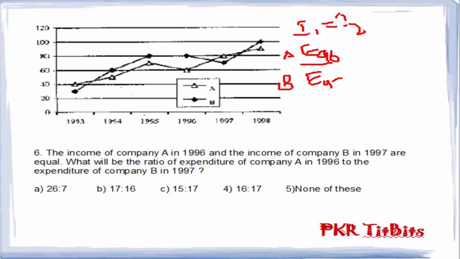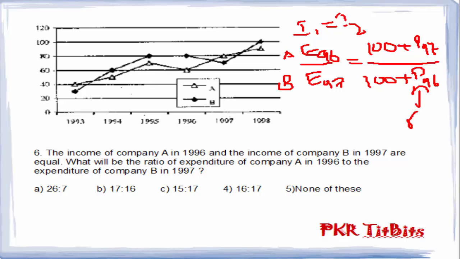You have to be careful with the expenditure: in the numerator we have to take company B, so 100 plus profit of company B in 97, divided by 100 plus profit of company A in 96, into IB by IA. Since I1 by I2 is equal to 1, I can remove this.